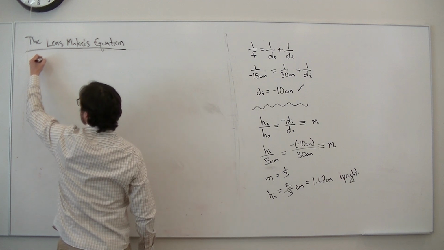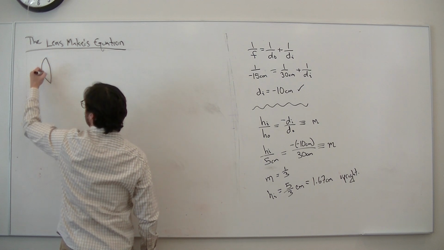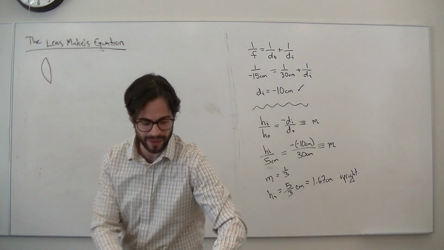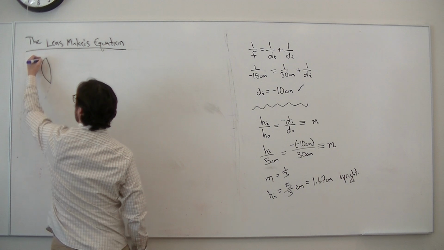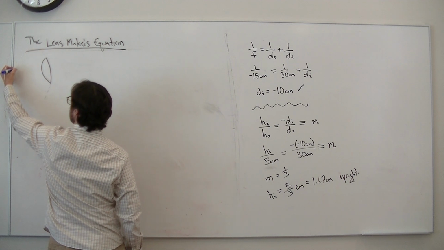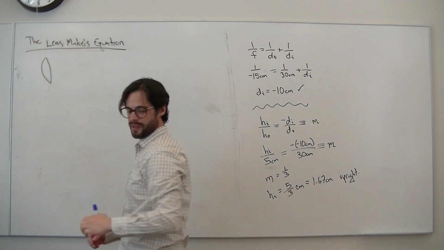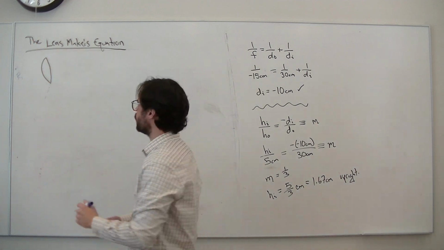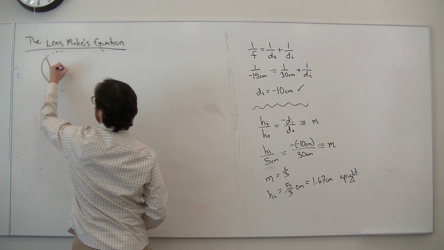So I've got a lens, and it's got 2 radii. We'll just draw a converging one, just a really vanilla lens to get things started. What I have is, we'll call it R1, the first radius of curvature, and then we have R2, which the way I've drawn it is much tighter.